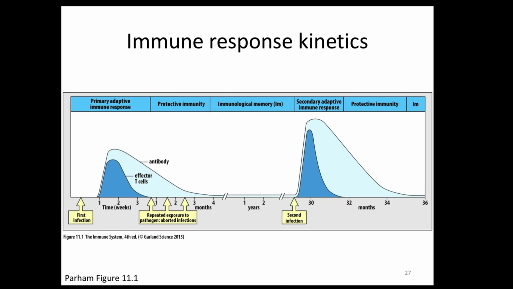Wait, so if memory cells are supposed to exist basically forever, then what's the deal with rabies? You have to get a booster shot every time you more or less get bitten? So there are different levels of how well memory cells can persist based on how those memory cells are made.